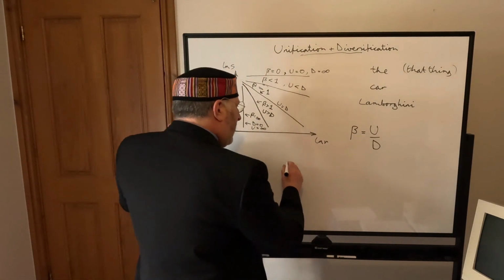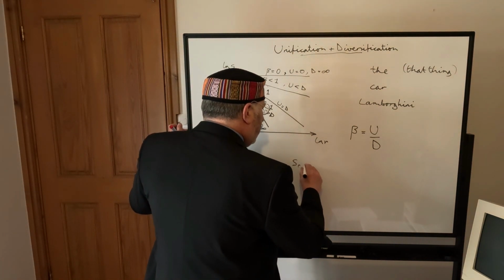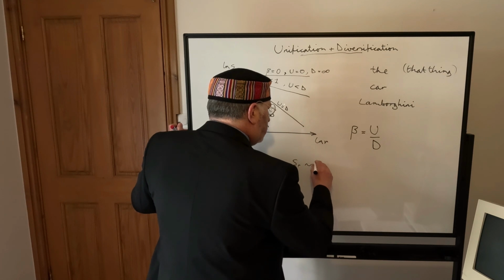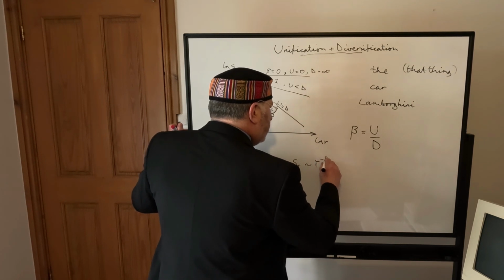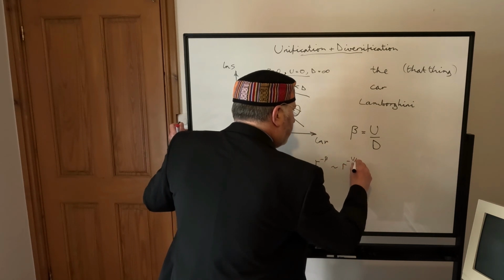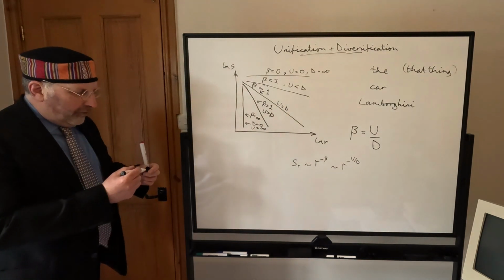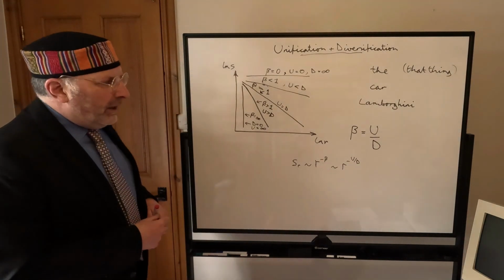So when we've got a power law in a rank size plot, S_R is proportional to R to the minus beta. That's really R to the minus U over D, where U and D are these forces of unification and diversification.